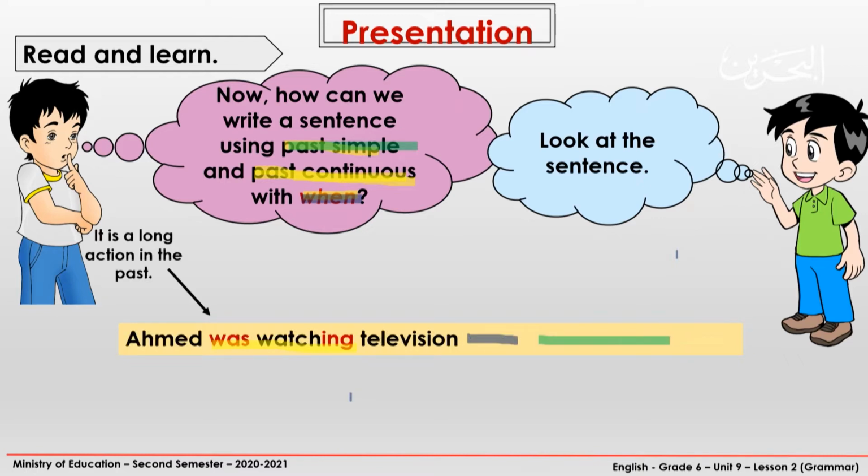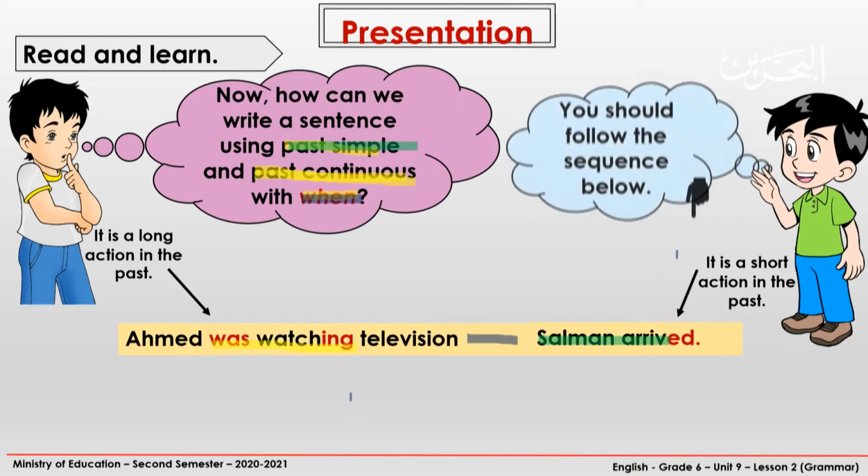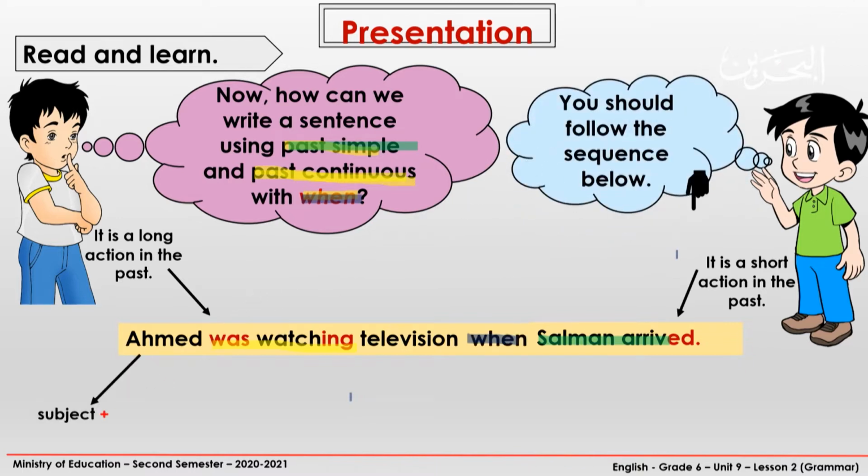It's a long action in the past: Ahmed was watching television. Salman arrived, it's a short action in the past. How did we know that? We merged it with when, and we made them into one sentence.